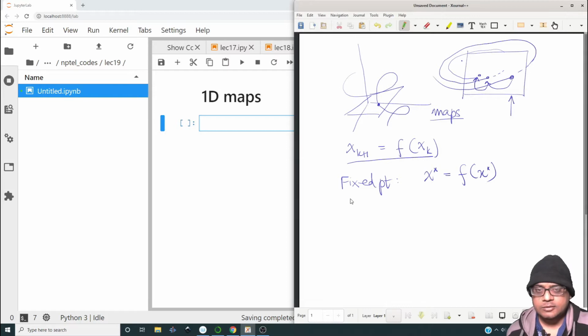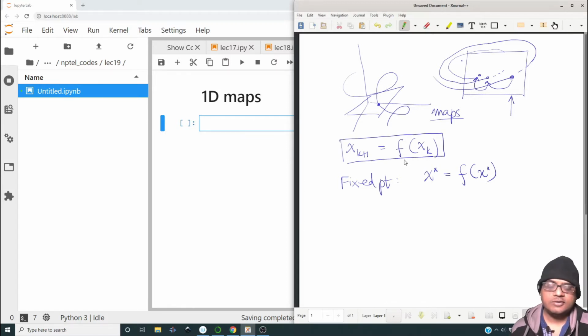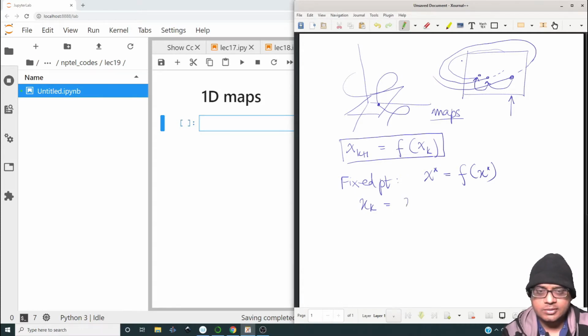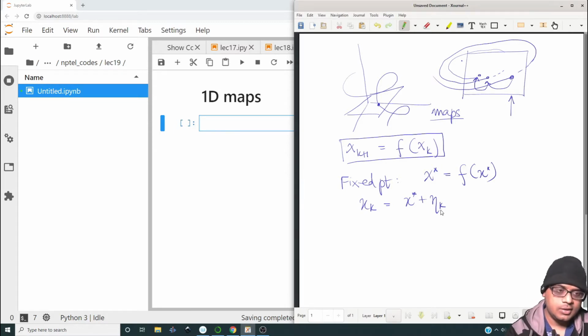More generally a map can be defined as this. Now let us look at the behavior of a map in the vicinity of a fixed point. Let xk be written as x star plus eta k, where eta k is the correction to the fixed point. So we are looking in the neighborhood of a fixed point.